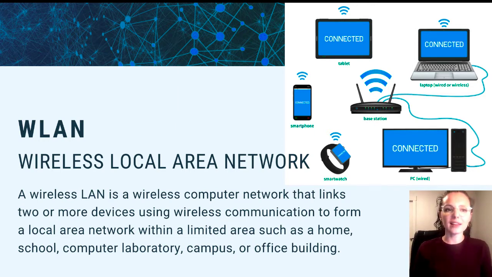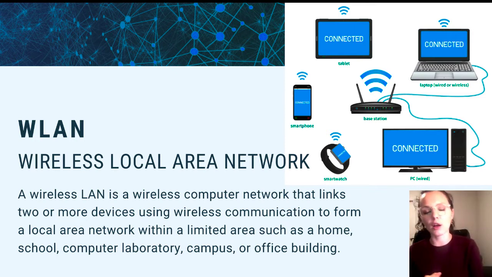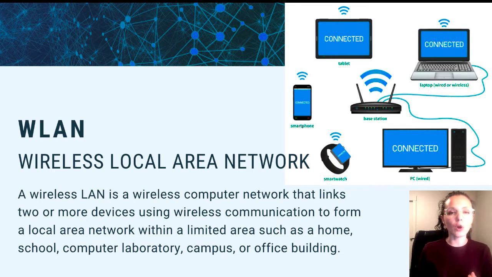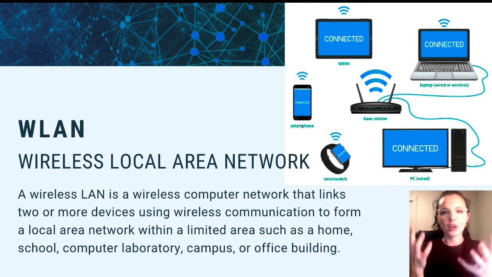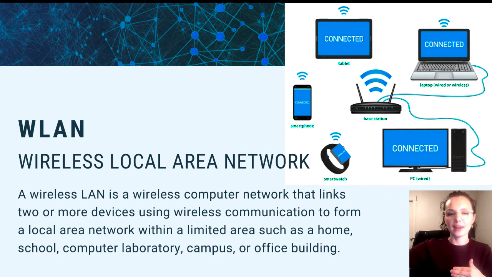So a wireless LAN is a wireless computer network that links two or more devices using wireless communication to form a local area network within a limited area, such as a home, school, computer laboratory, campus, or office building. So it's just like a LAN, a local area network, only we're also using the emission of signals and waves to get our data transmitted.